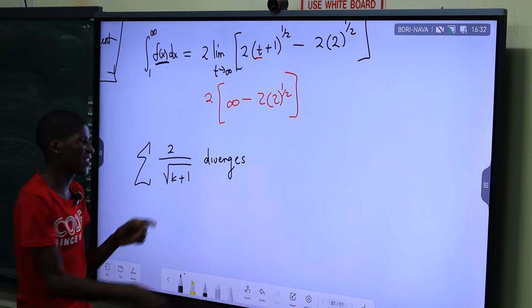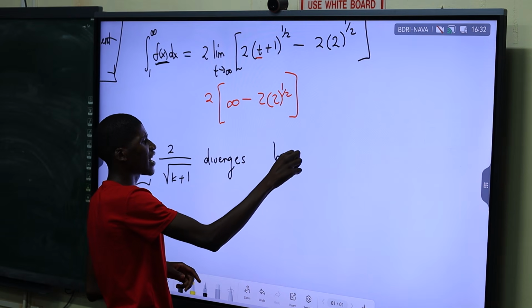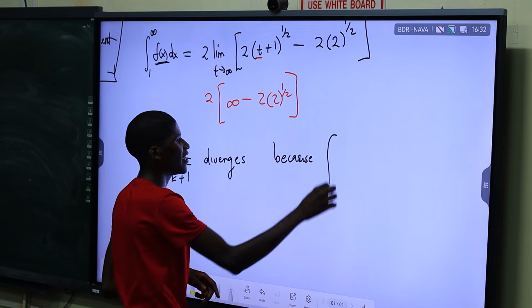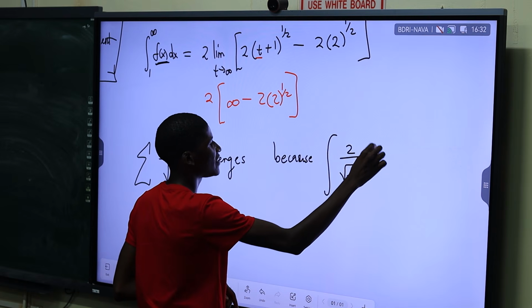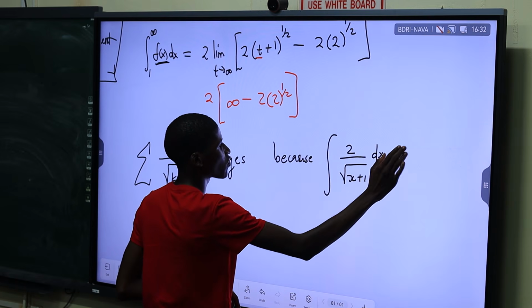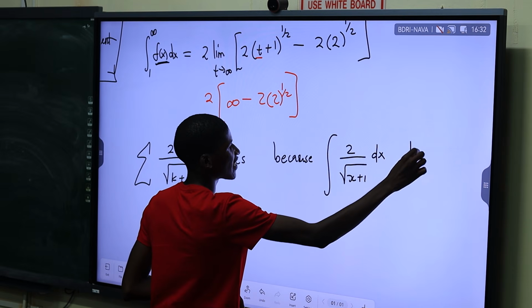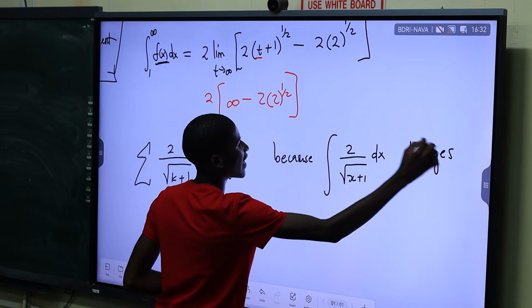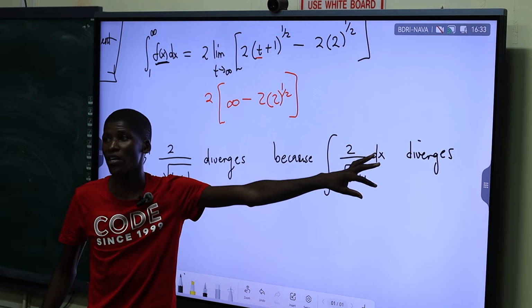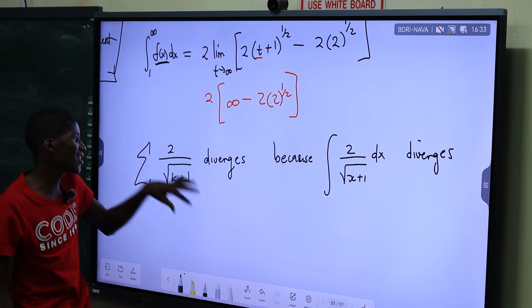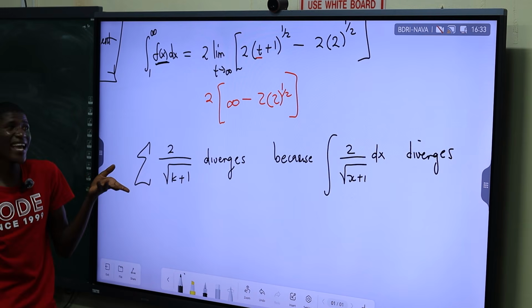Why does it diverge? Because the integral of 2 over square root of x plus 1 dx diverges. So the integral is diverging. So if the integral is diverging, then this is also diverging as well.